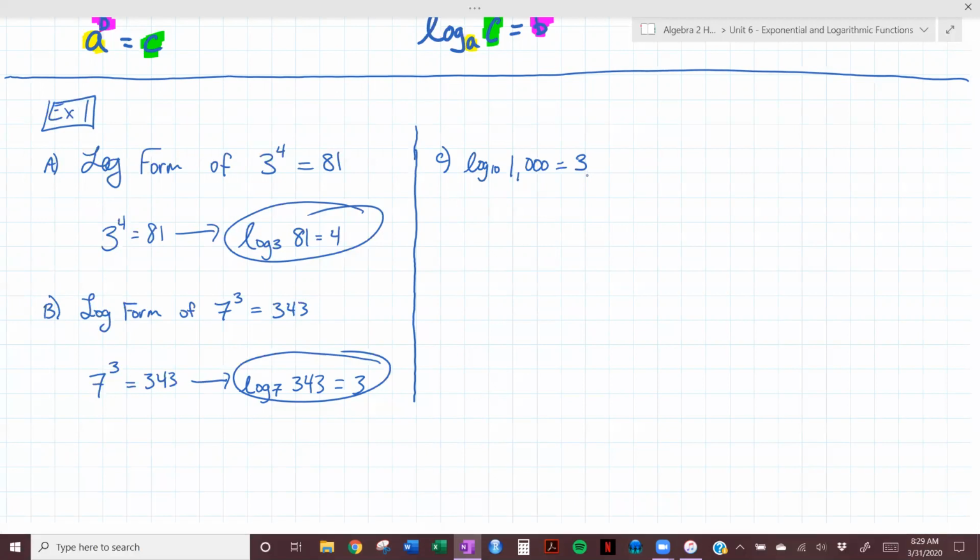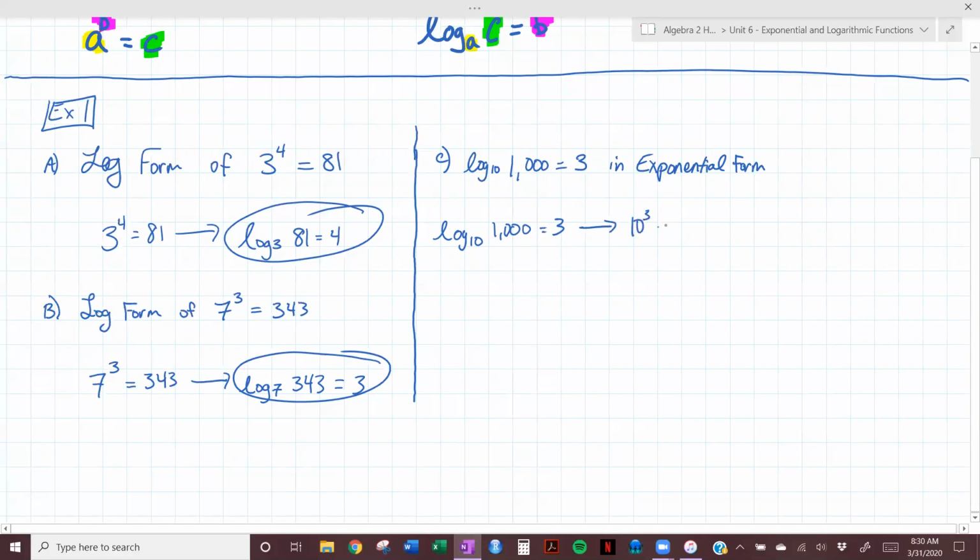So in exponential form, this is 10 to the third equals 1,000. Okay, 10 to the third equals 1,000.